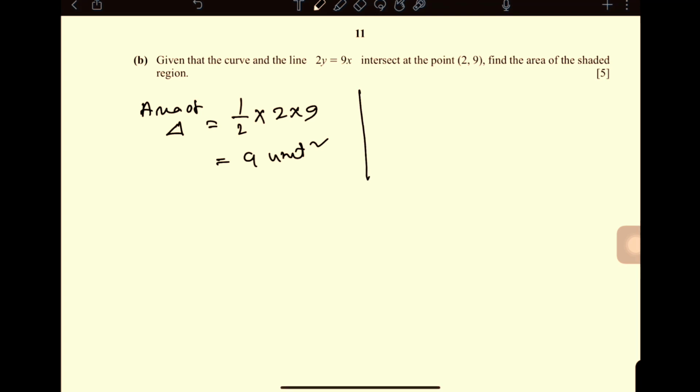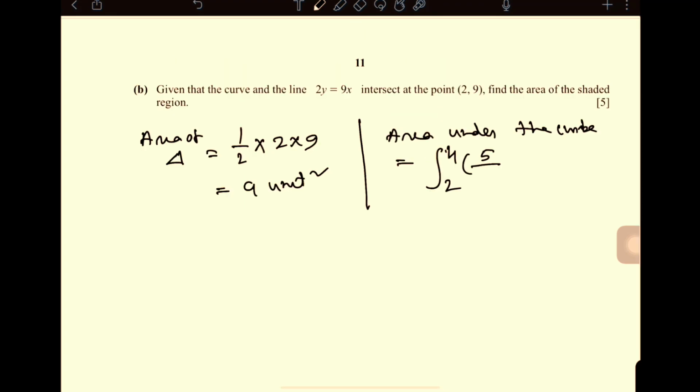And area under the curve equals integration from 2 to 4 of 5 by (x minus 1) plus 2x dx. We know integration of 1 by x is ln x.